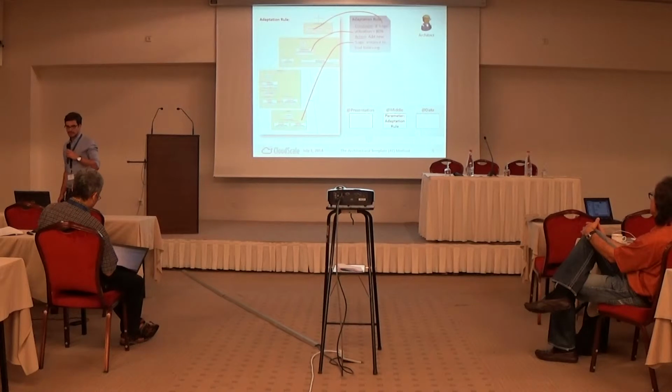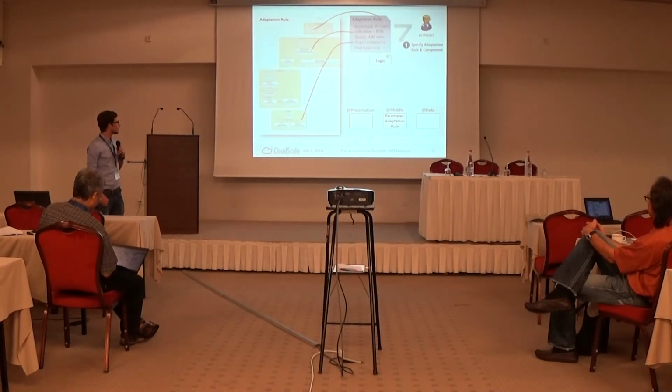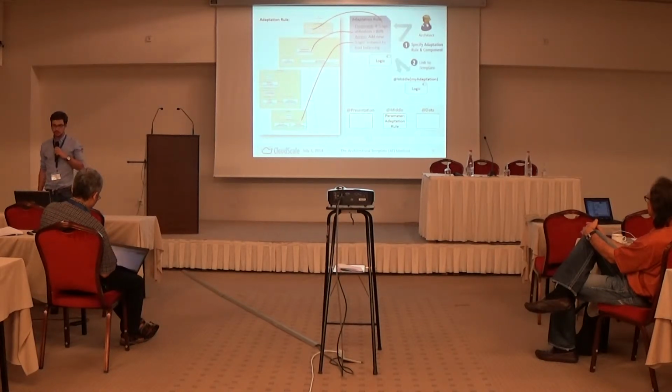The architect then has to specify the adaptation rule as well as the concrete component that will be filled into that place in the pattern. And the last thing he has to do is link these two specifications to the template.